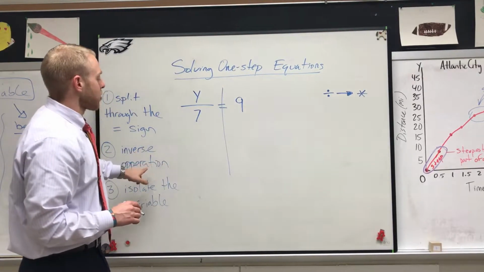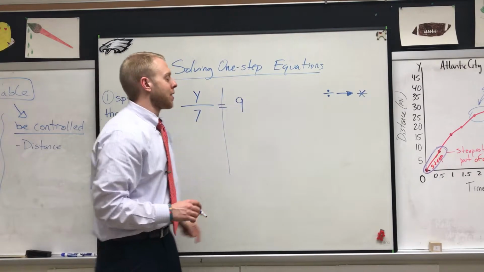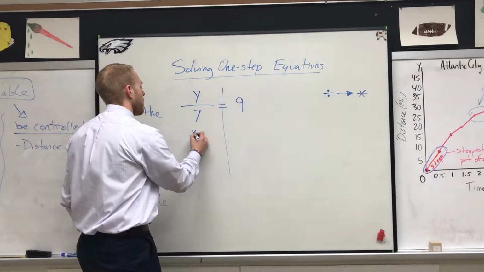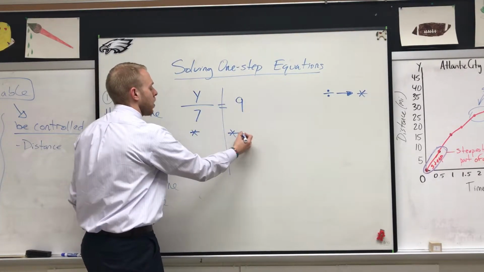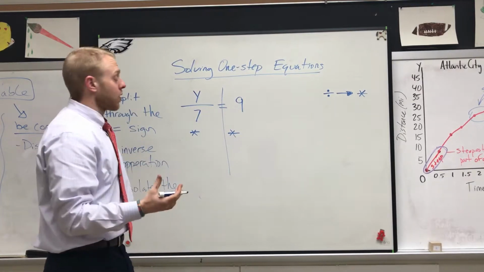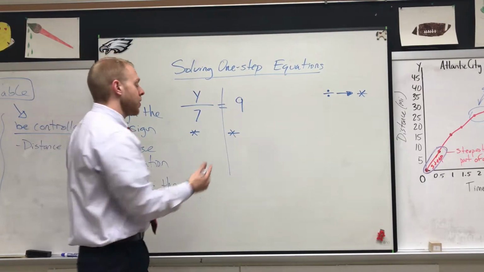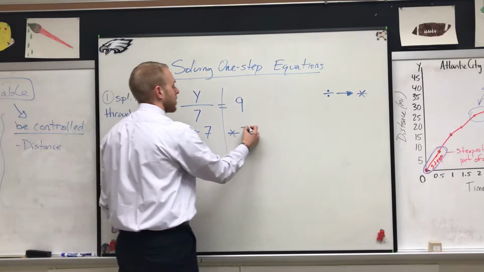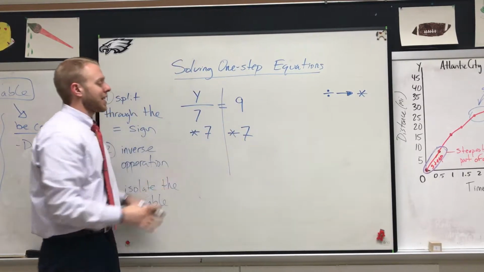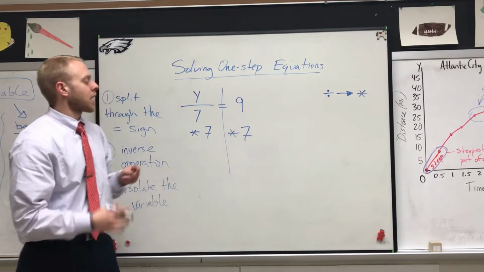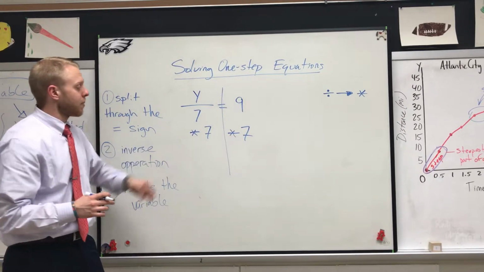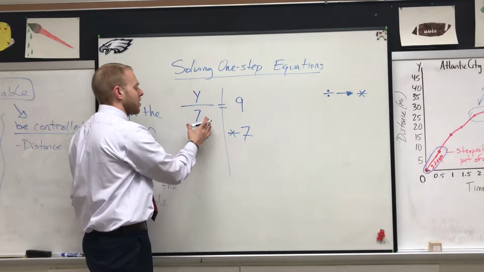I do that through step 2, which is our inverse operation. So I'm going to be multiplying on both sides, and if your guess that we should be multiplying by 7, you would be absolutely correct. I got to keep that balance. I need it to look the same on both sides of my equation. That's why we split it. So now I'm multiplying by 7.